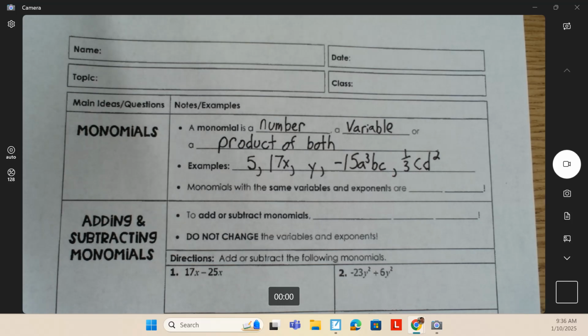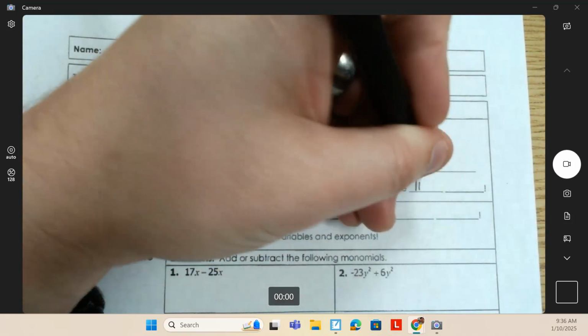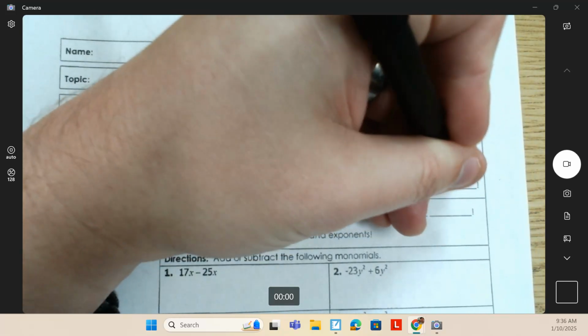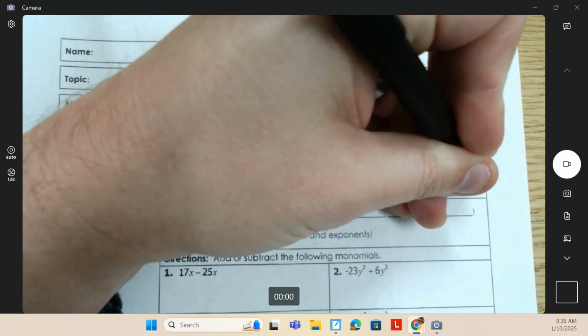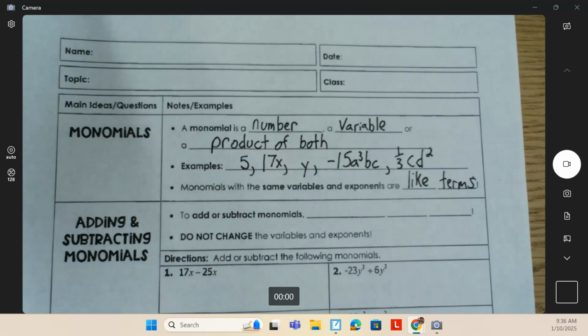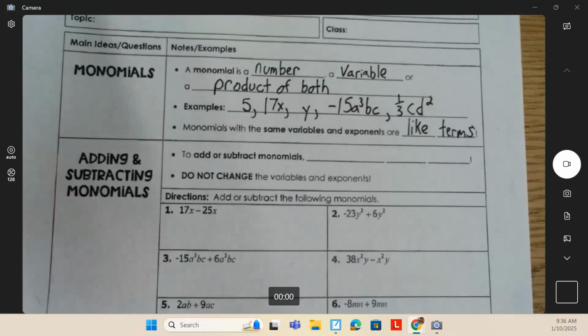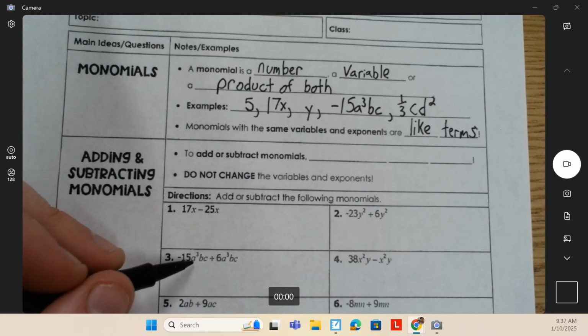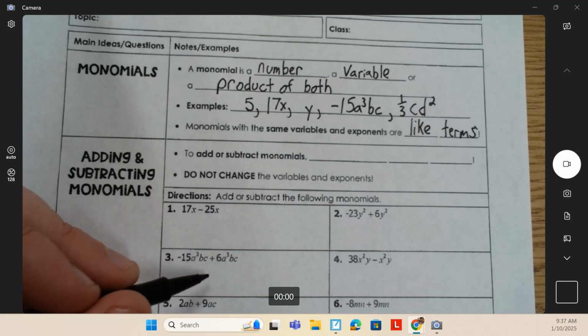So when we're looking at monomials that have the same variables and exponents, we're calling those like terms. So you can think of it as down here on your examples, I have negative 15 a cubed bc.